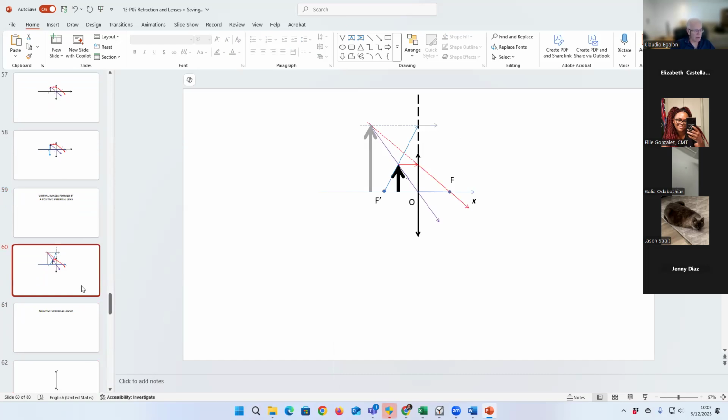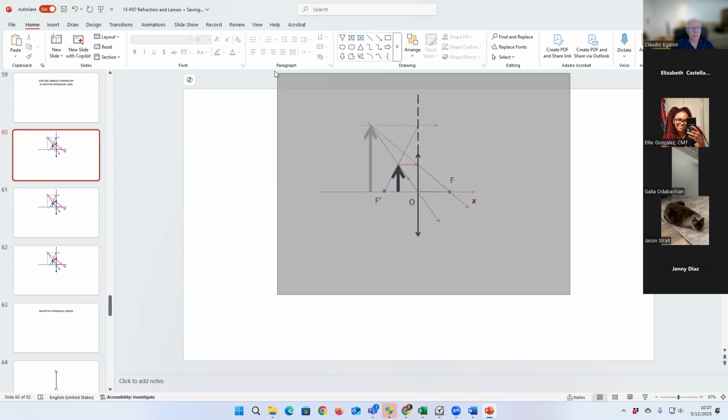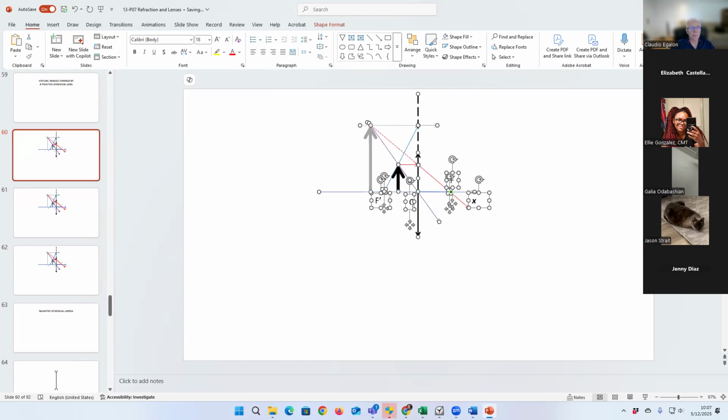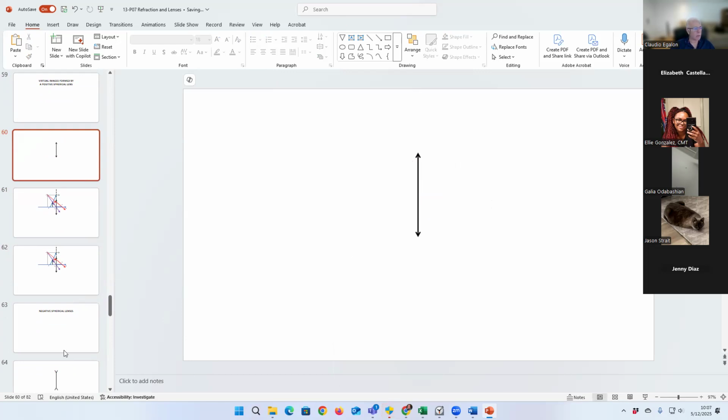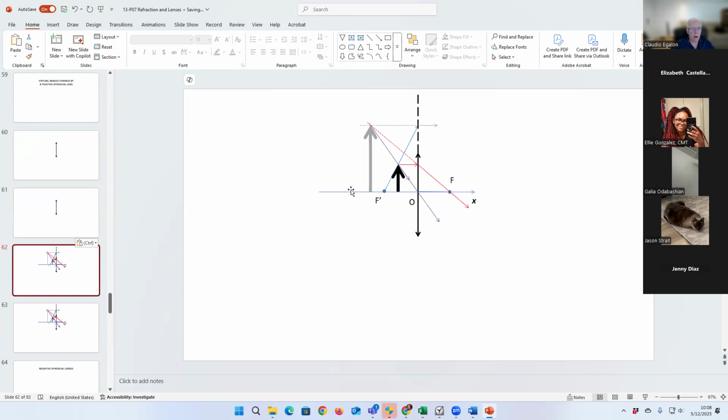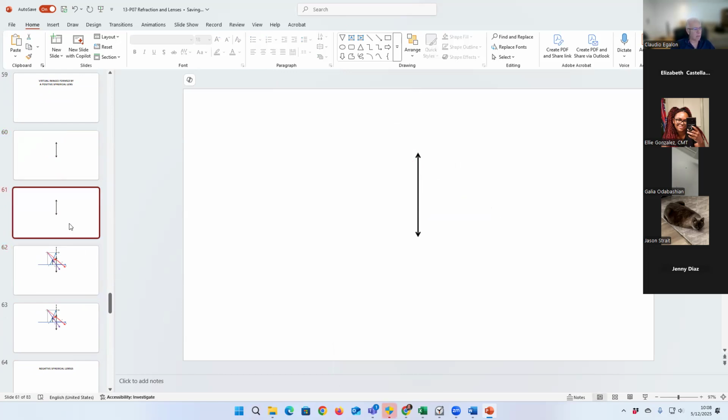We're going to do exactly what we did before, start from scratch. Start with the lens, and then we put everything else afterwards. The main axis, I'm going to label this main axis 0, X.